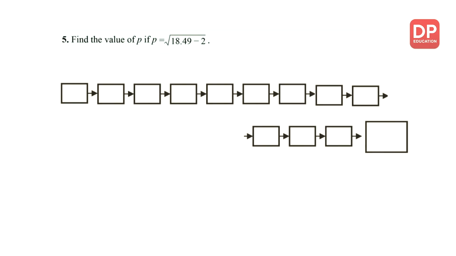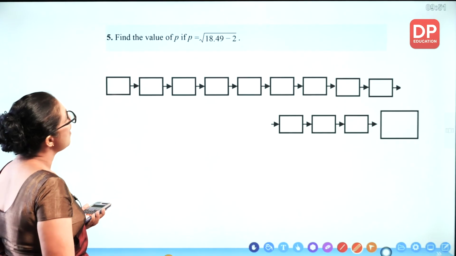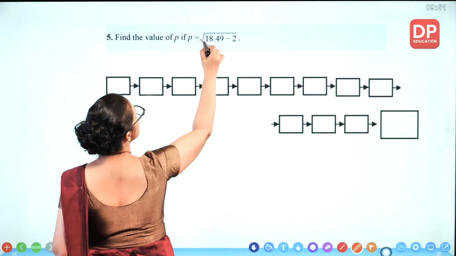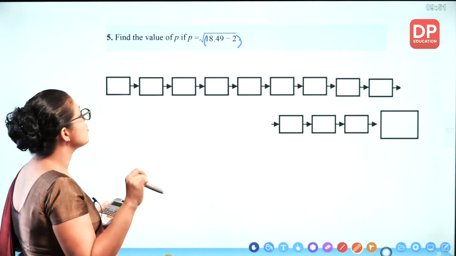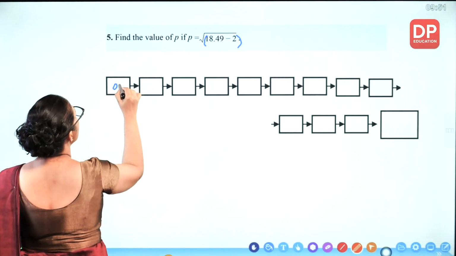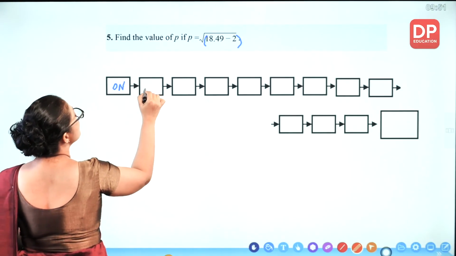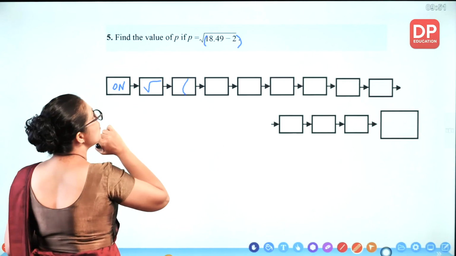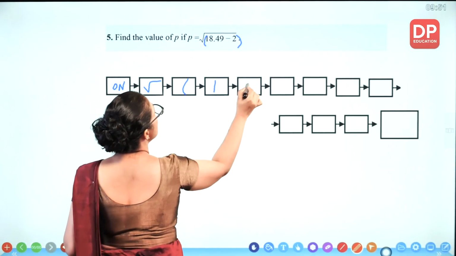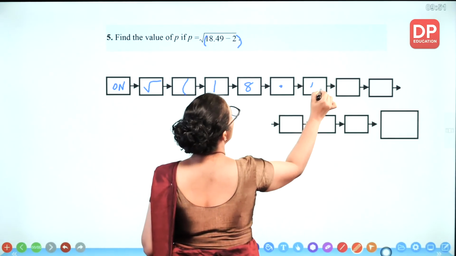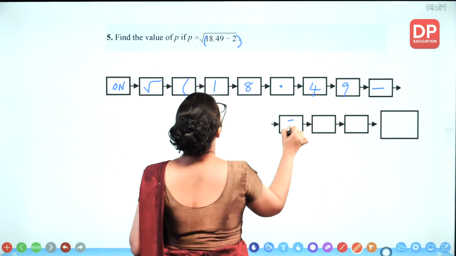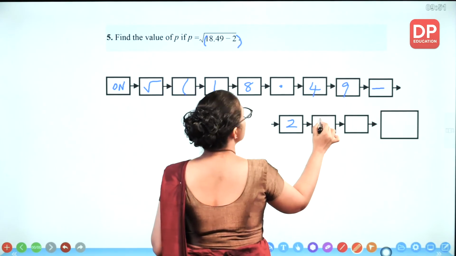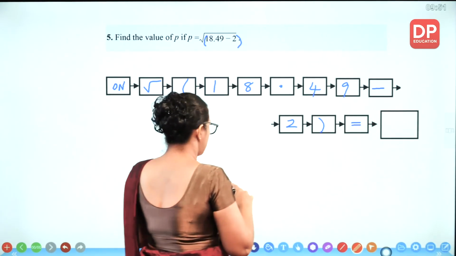Fifth one. You have to put brackets because there's an expression inside the square root sign. So switch on the calculator and the square root button, and then open a bracket. 18.49 minus 2 and close brackets and get the answer.